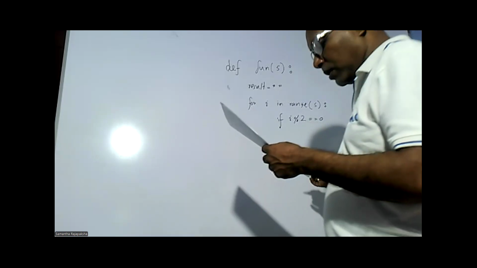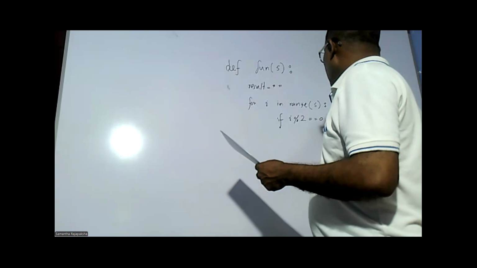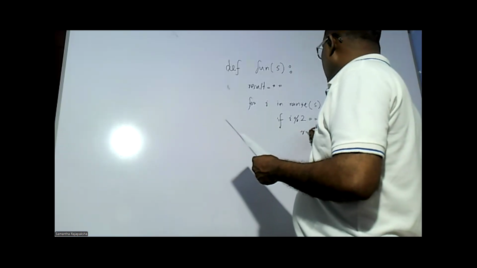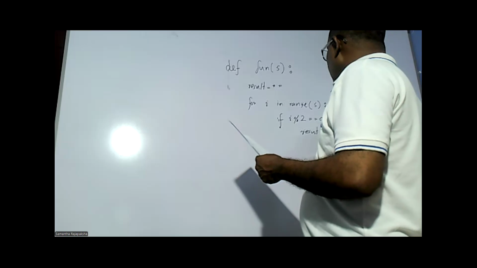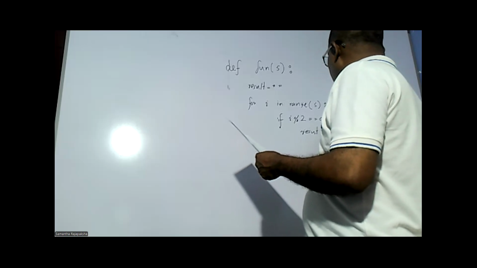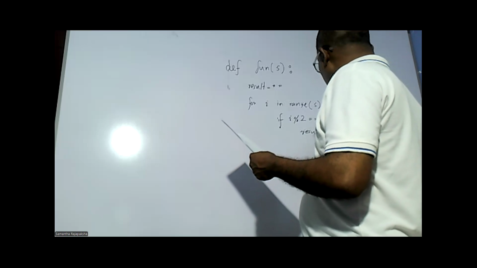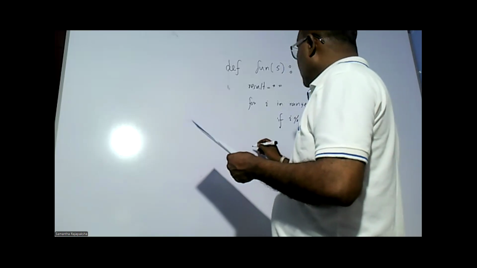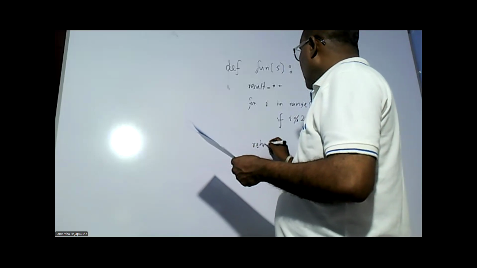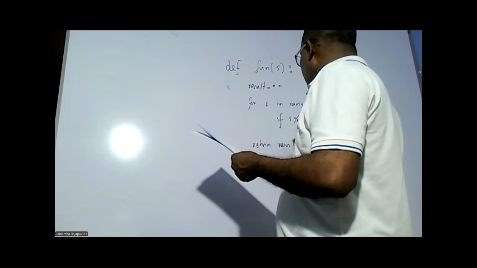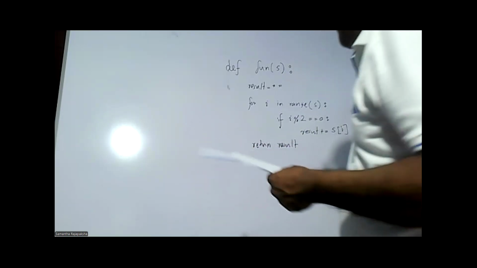If it is equal to 0, colon. If the statement holds, then you increment the result. Then you can increment the result with the array elements. And that's the return value of this function. The function will return result. Now this is the function.